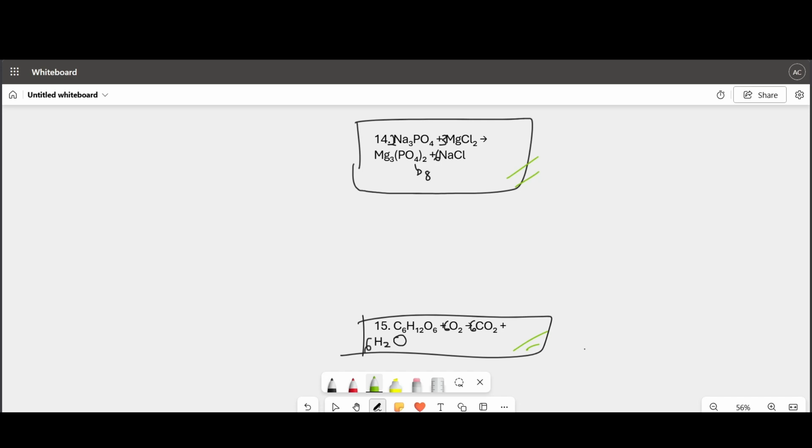Then here in hydrogen, it's going to be 6 times 2 here. Let me just check the problem, okay? So CO2 plus H2O. CO2, yes, that's correct.